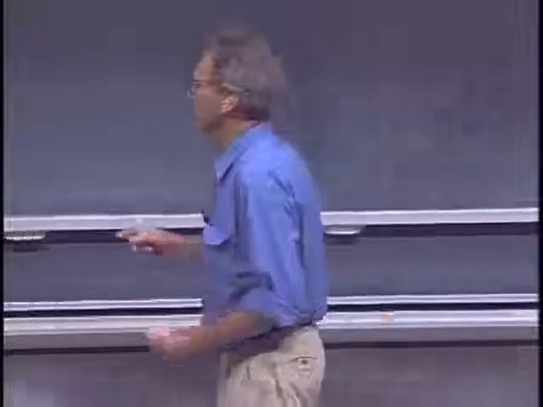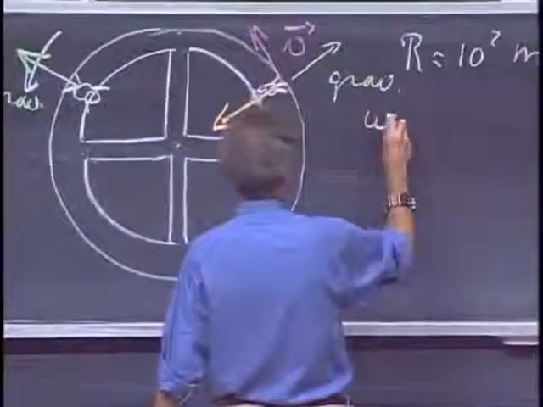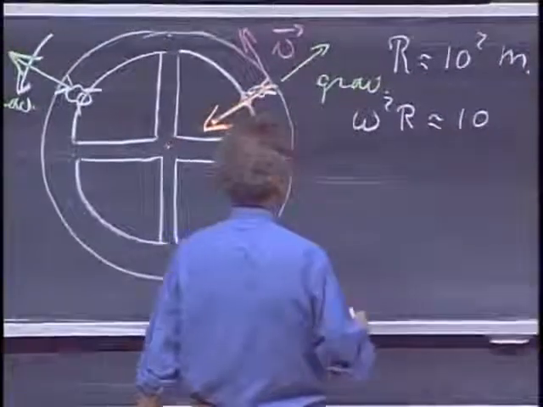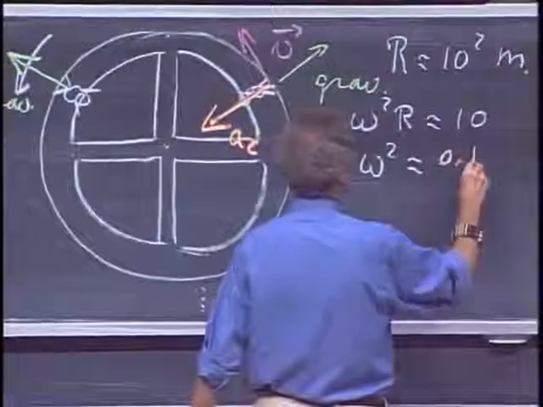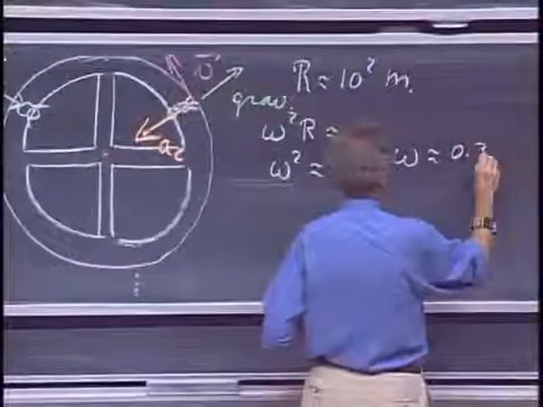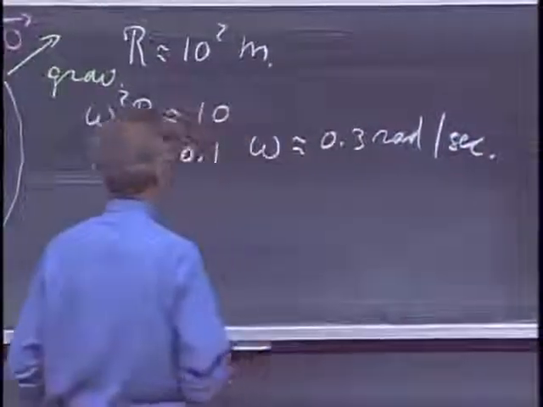So we want the people who walk around in this corridor to have an acceleration omega square r, which is about 10. So omega squared is about 0.1. So omega is about 0.3 radians per second.